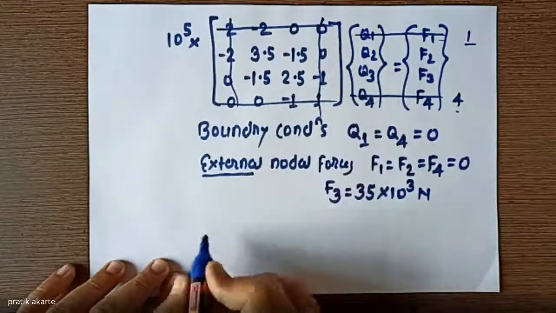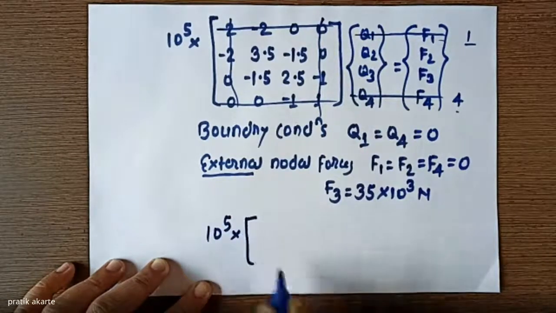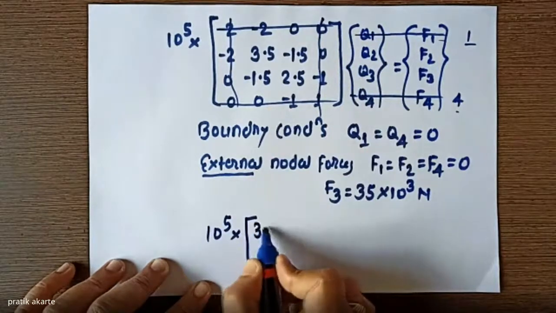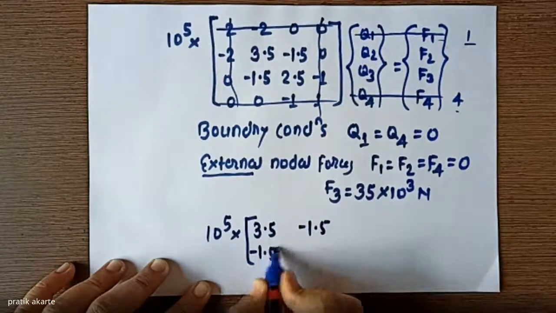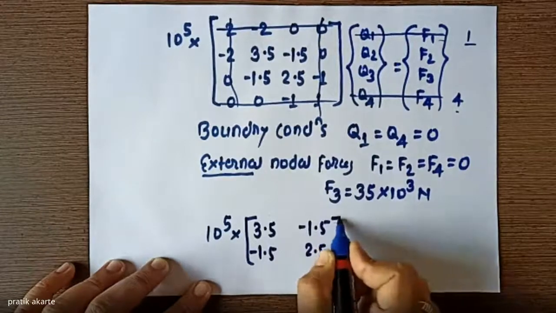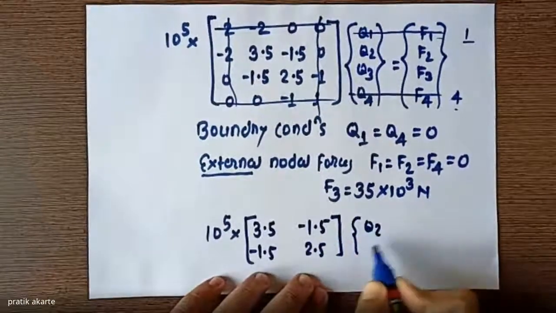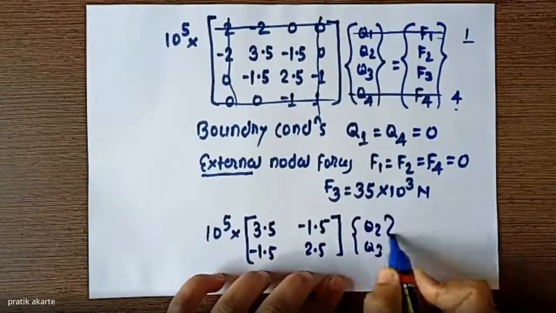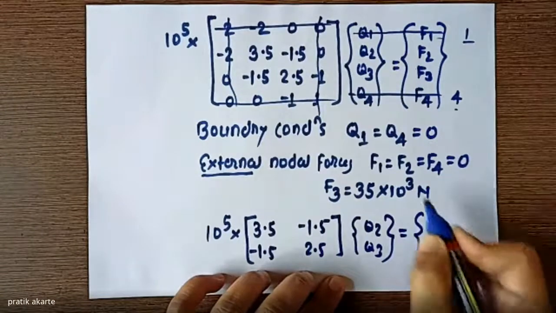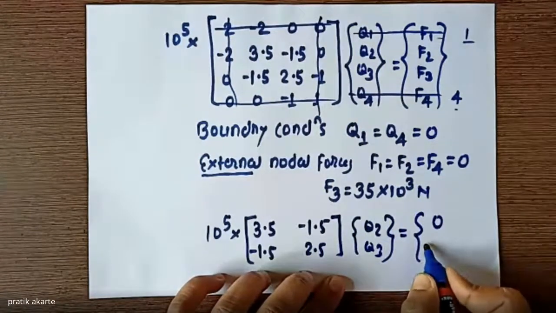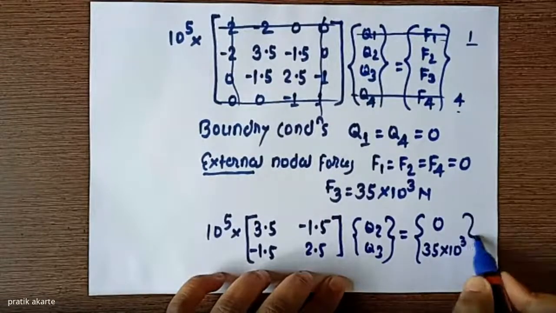So our equation reduces to 10 to the power 5 into [3.5, -1.5; -1.5, 2.5]. Here we have only Q2 and Q3, and we have F2 which is 0 and F3 as 35 into 10 to the power 3 Newton.